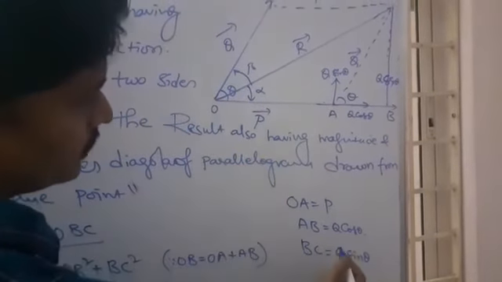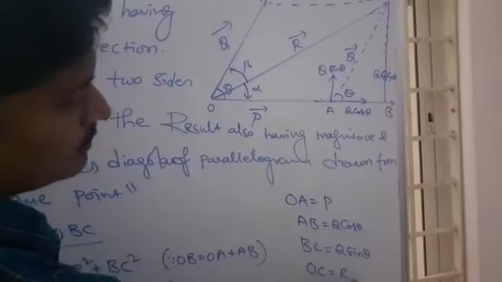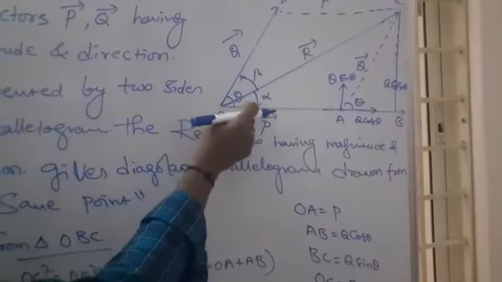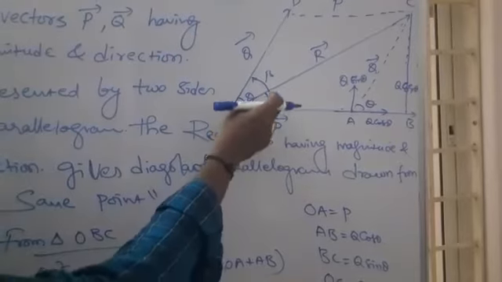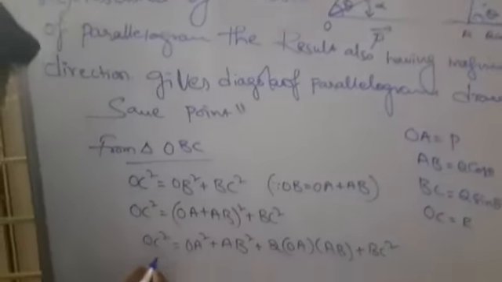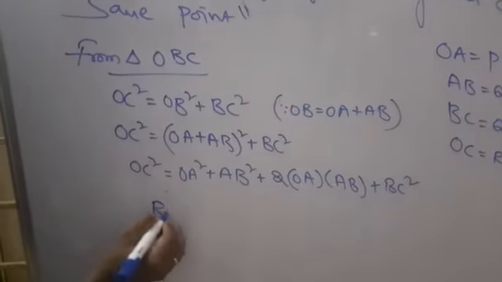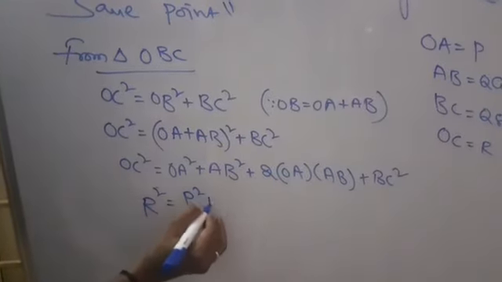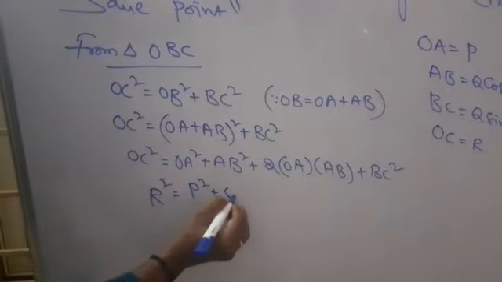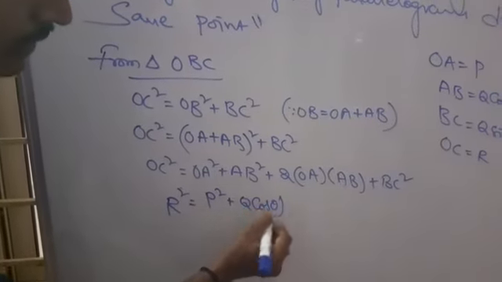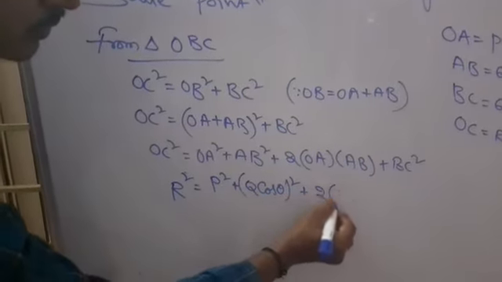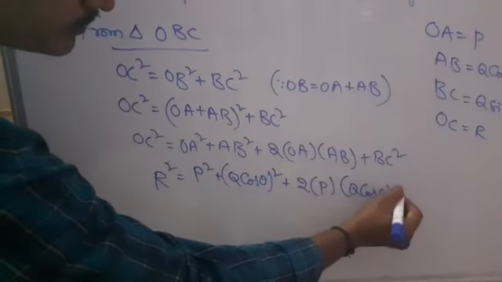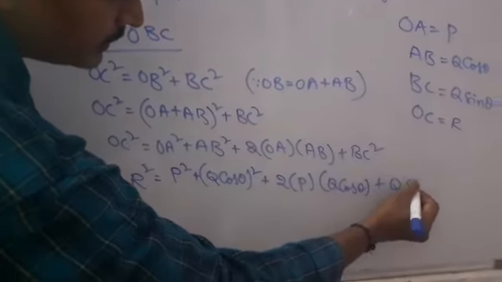Therefore OC is equal to R. Theta is the angle between P bar and Q bar, and alpha is the angle made by the resultant with P bar. Therefore R square is equal to P square plus Q cos theta whole square plus 2 into P into Q cos theta plus Q sin theta whole square.